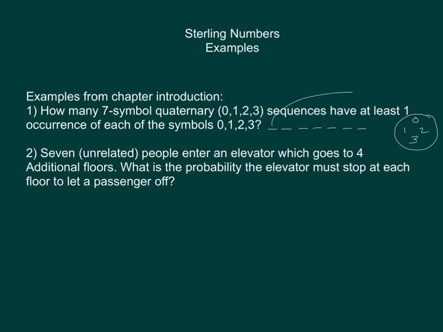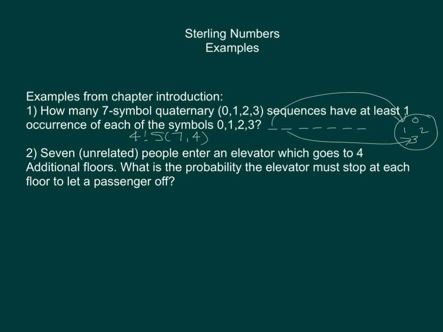Okay, so possibly the first one might be a 1, the second one might be a 3, etc. But how many ways can we do this so that we're mapping all 7 distinct symbols into distinct symbols here, at least one occurrence of each of the symbols, meaning no container left empty. So that's going to be our 4 factorial. That's to take into account now that our containers want to be distinct. S of 7, 4.